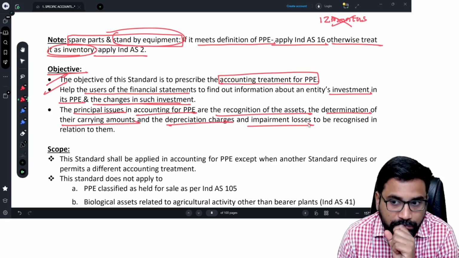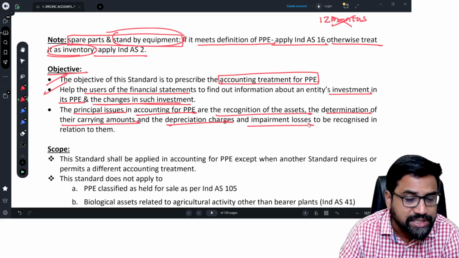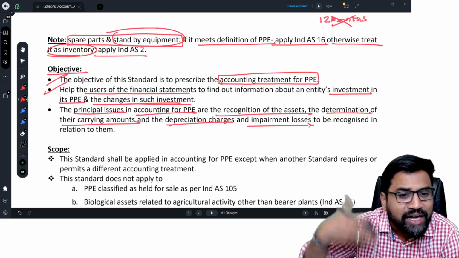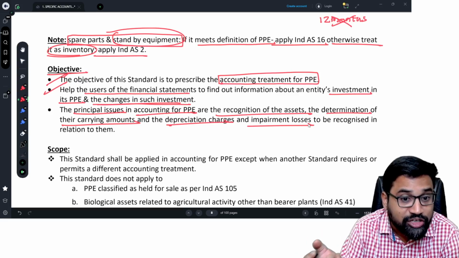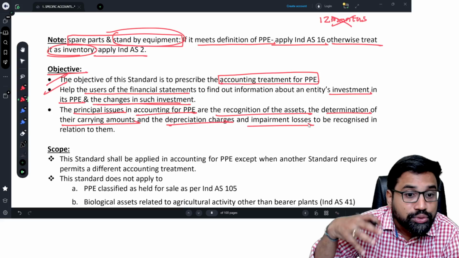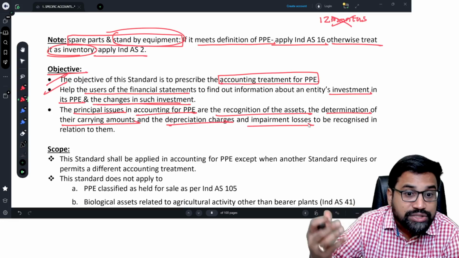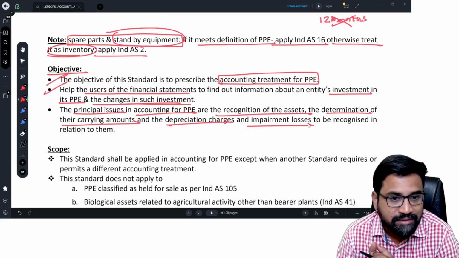But what is impairment losses? See, apart from depreciation, a tangible fixed asset like PPE may be subject to different kinds of losses. Maybe loss due to obsolescence of technology, loss due to outdated features, maybe loss due to introduction of a new product in the market.